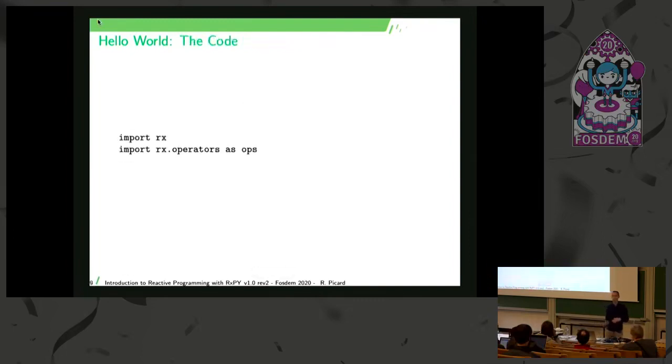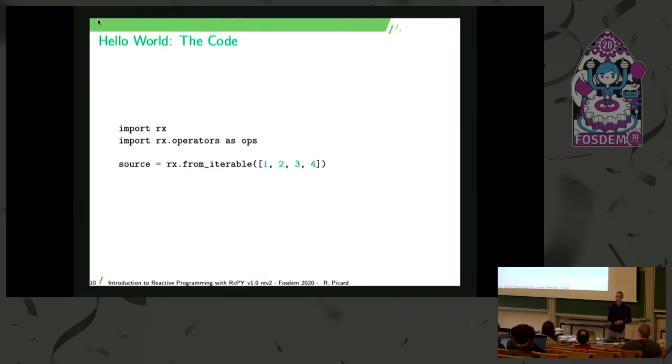So let's see this with some code. We start with a few imports to get the ReactiveX modules loaded. There's one for all the base functions, and another one dedicated to get all the operators that are available. We create an observable, in this case, from a list.